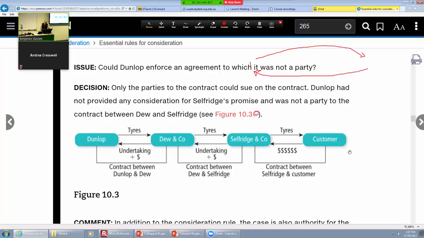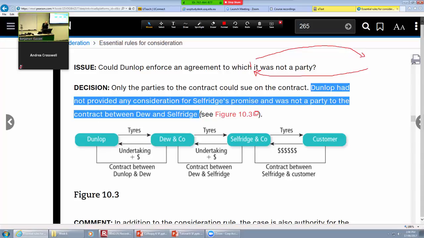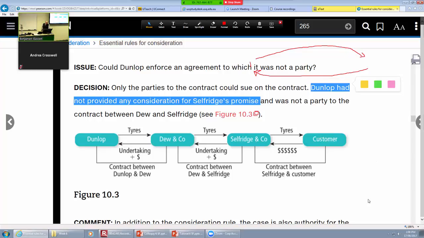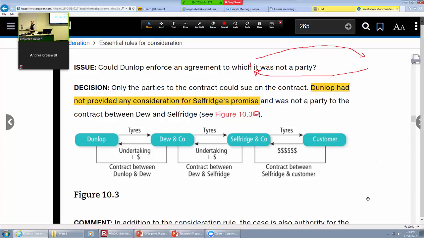That's the decision. Dunlop had not provided any consideration for, so this is the key point that we want to talk about. They did not provide any consideration for Selfridge's promise. Okay? This is a promisor. What is his promise? The undertaking. Who's the promisee? Dew. What is his consideration? I will give you the tires.